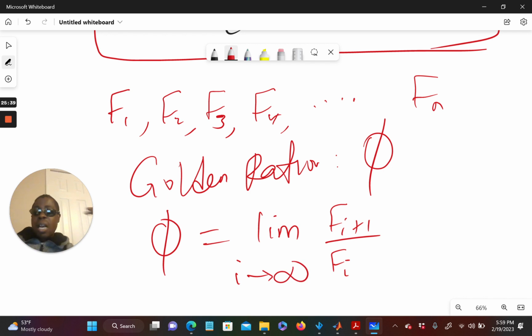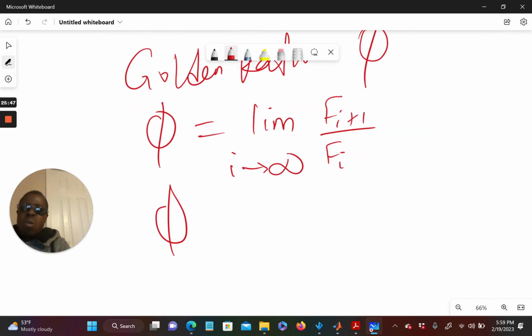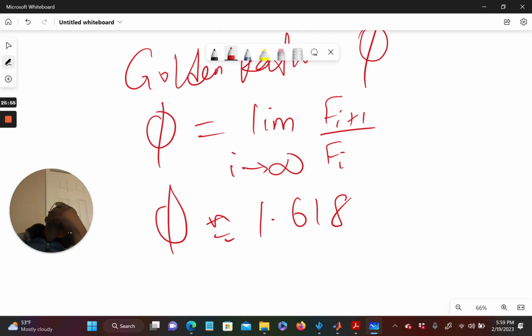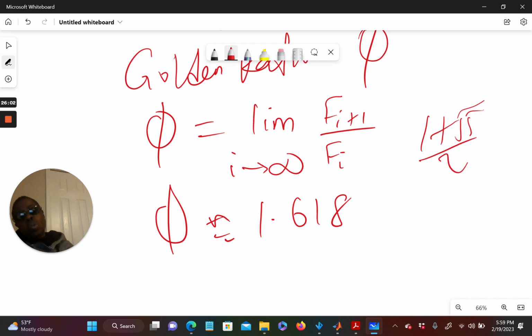As you generate more of the Fibonacci sequence, like 1,000 of them, 150 of them, this golden ratio will be close to, I think, 1.61 something, approximately, right? And I'm sure that is exactly 1 plus root 5 over 2. I think that is the golden ratio, if I'm not mistaken. But don't pick me on this.